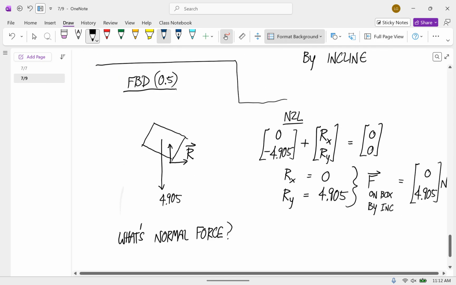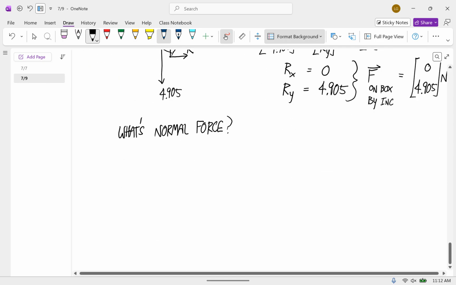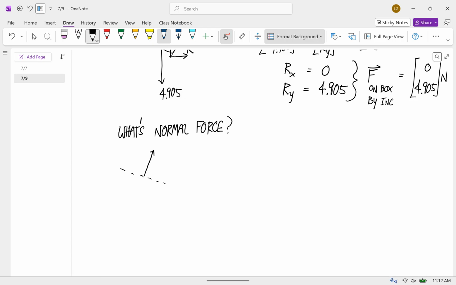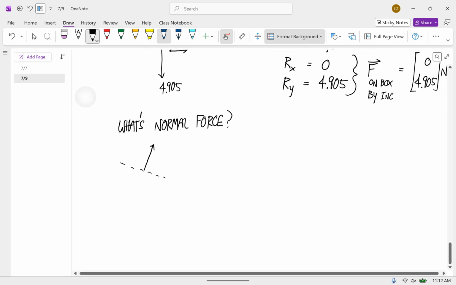Well, you need a unit vector that's straight out of the surface. That's what we're trying to figure out, is what's the component of this force vector that's parallel to this.